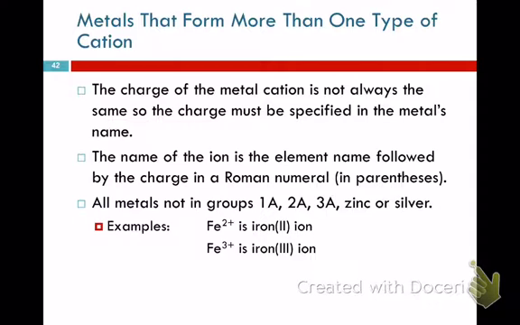Now this is chlorine, the monatomic anion. So this becomes chlorine, get rid of the -ine and make it chloride. And all the monatomic anions end in -ide. Okay? So this is sodium chloride. That's the name.